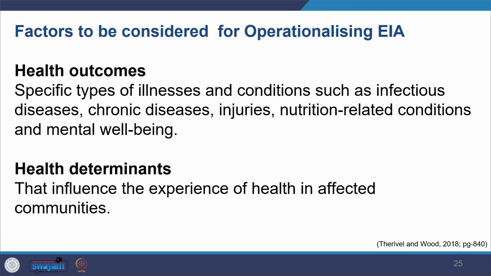Health determinants are factors that influence the experience of health in the affected communities. So when I'm ill, that's the outcome, but what kind of experience I go through because of my illness in a particular context is the health determinant. That is how we understand the difference between health outcomes and health determinants.